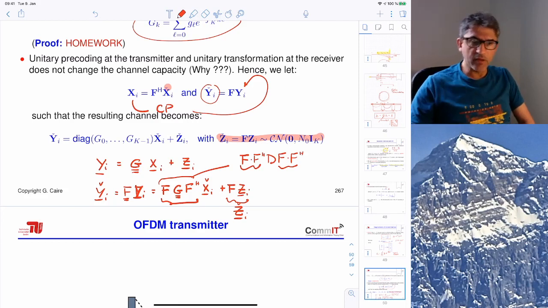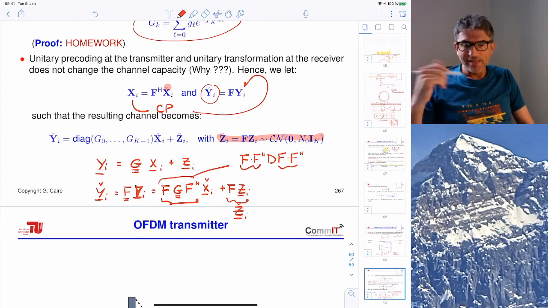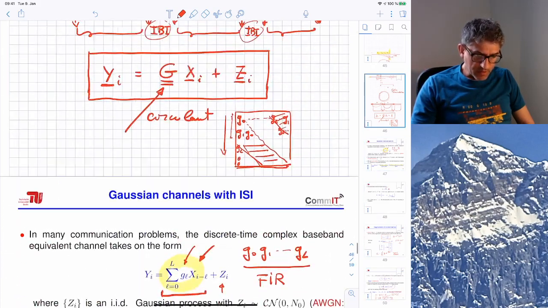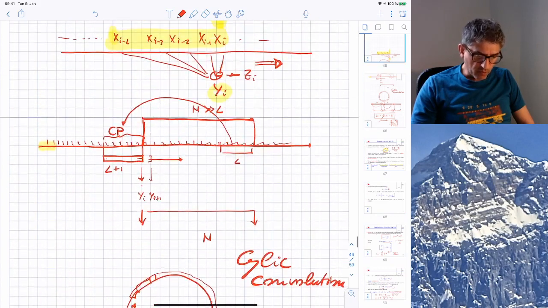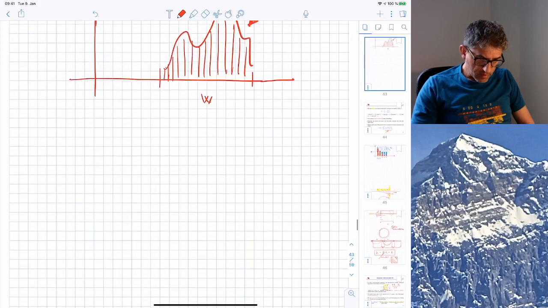And then we go back to the frequency domain by applying the transformation F, which means discrete Fourier transform of the output. It turns out that in the frequency domain, the channel decomposes into a set of parallel channels. And this is precisely the picture that I showed you before when I was talking about DSL.